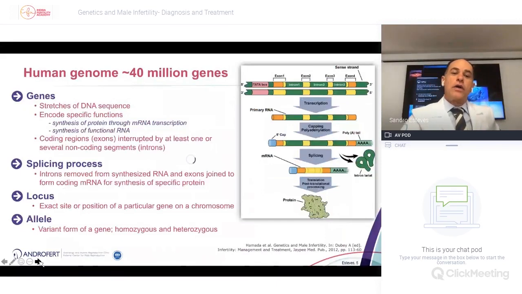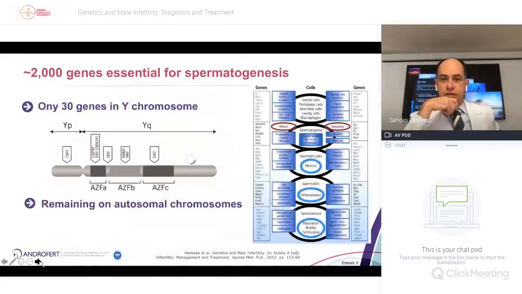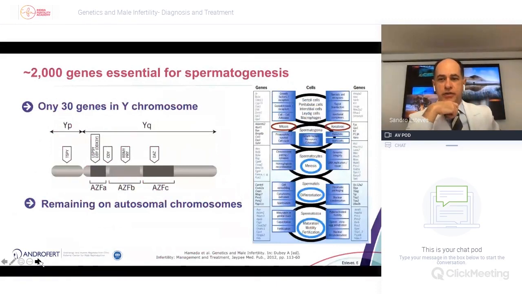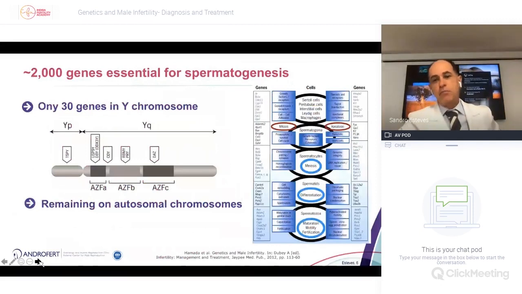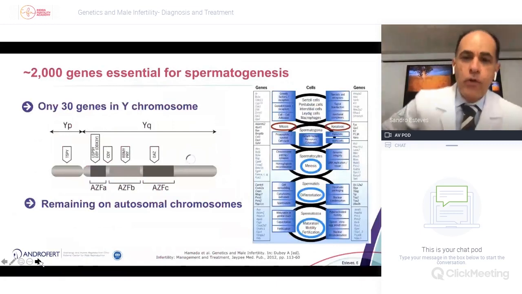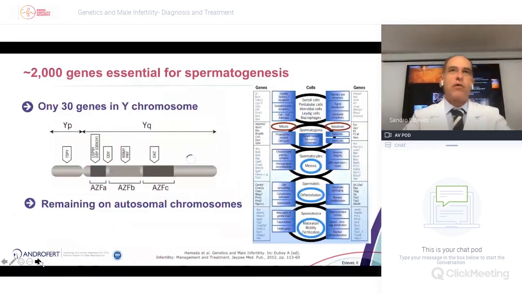In terms of spermatogenesis, we know today that there are more than 2,000 genes essential for spermatogenesis. Most of them are located in autosomal chromosomes. But we have very important genes located in the long arm of the Y chromosome. We know today that there are about 30 genes in the long arm of the Y chromosome.